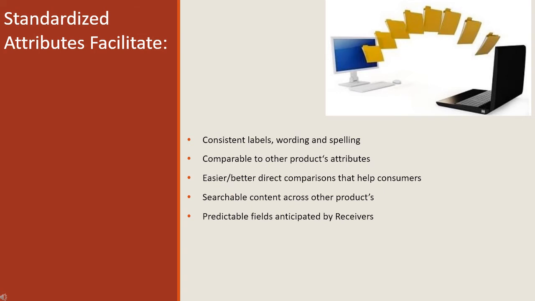Some of the benefits of using a standardized product attribute, so attributes that are flagged as PADB yes, is consistent labeling, wording, and spelling of the attribute itself. The attribute becomes more easily comparable to other products' attributes. It can simplify the buying process for customers, allowing for direct comparisons between two or more products. The attribute can become searchable across other products, and attributes create predictable fields anticipated by your data receivers.